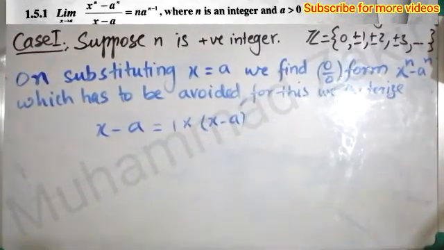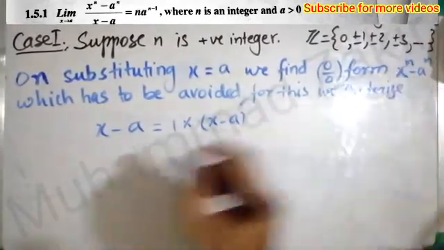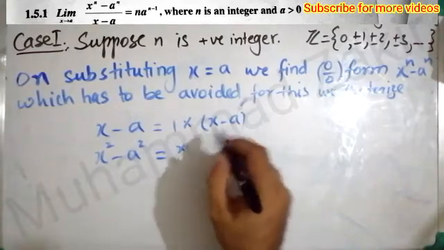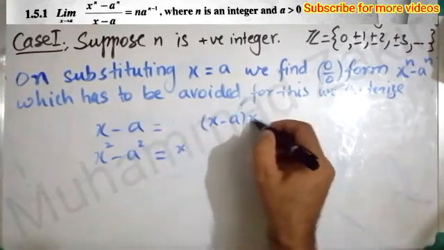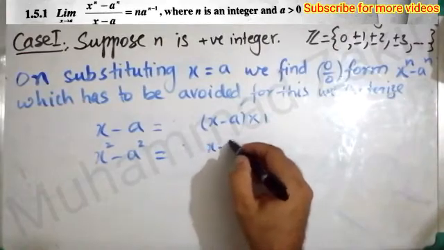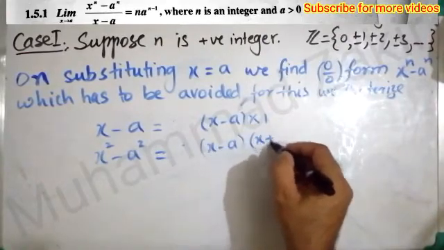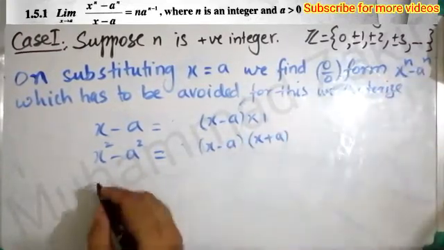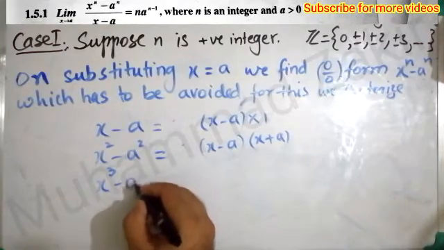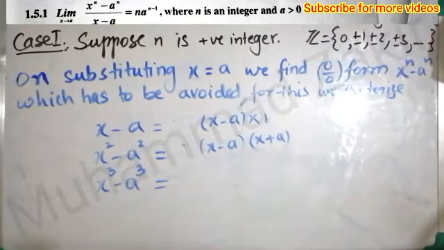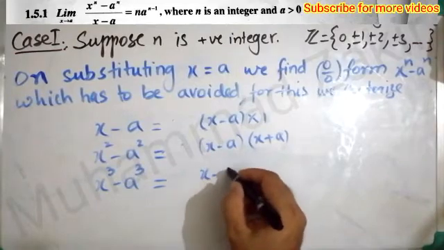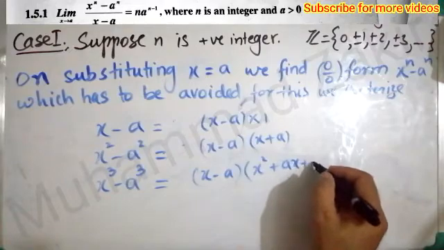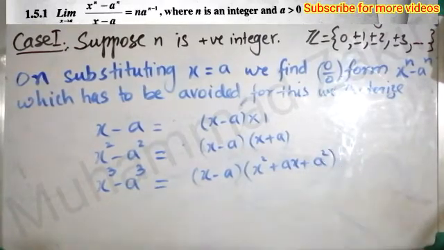It is factorized. If we write value of n as 2, it becomes x square minus a square. It will become x minus a, the other factor is x plus a. Everyone knows this. And if we substitute 3 in it, it becomes x cube minus a cube, and this will be equal to x minus a times x square plus ax plus a square.